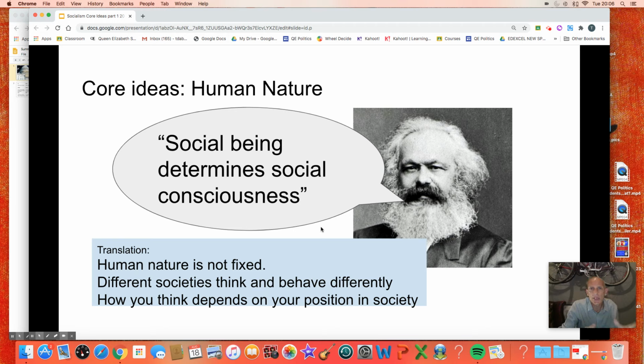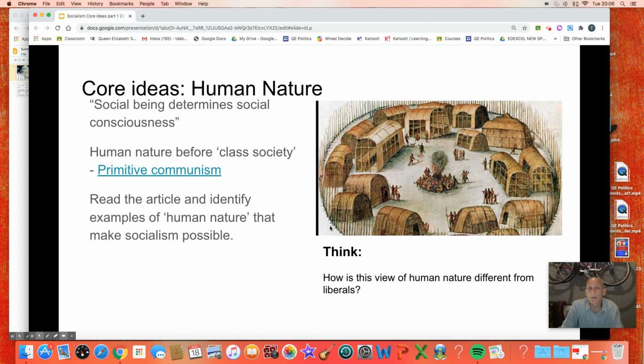What we'd have is hunter-gatherer bands. And those hunter-gatherer bands, like here, would share everything in common, be non-hierarchical, not have any leaders, and not seek to acquire private property and compete with each other. Indeed, competition would often be alien to them, but they would work out everything collectively.